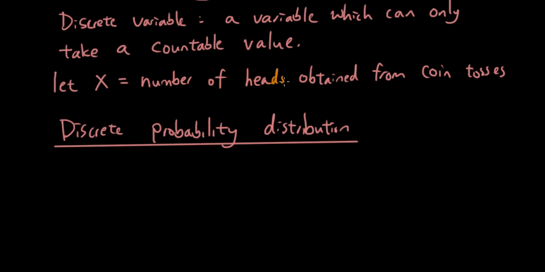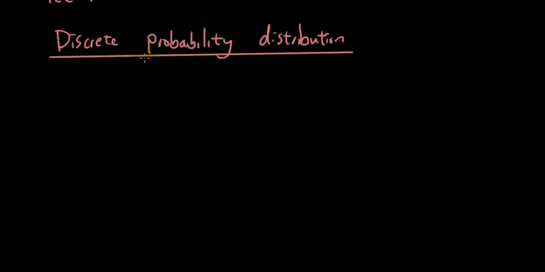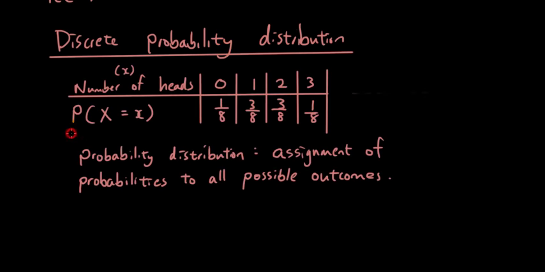So number of heads, number of people, number of pencils, number of something is discrete, where you can count it. So what is a probability distribution? Let's draw up a simple table to explain that to you. A probability distribution is simply the assignment of probabilities to all possible outcomes of an experiment.